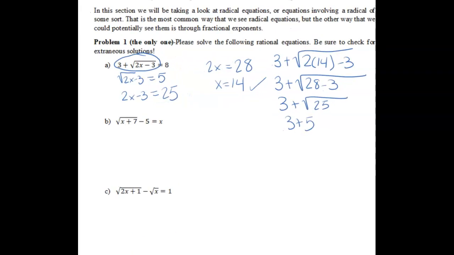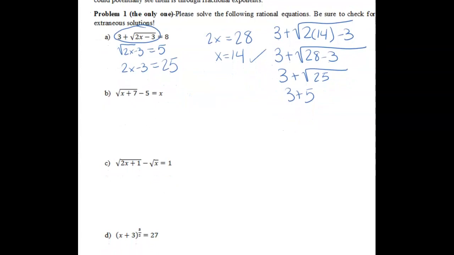Alright, next one. On this one I've got 2 x's. The first thing I'm seeing is these square roots, and that square root part kind of stresses me out. So I'm going to try to get that stuff under the square root all by itself so I can get rid of it. I'm going to take my 5 and add it over, so I should get the square root of x plus 7 is equal to x plus 5. Alright, I've got my square root all by itself.